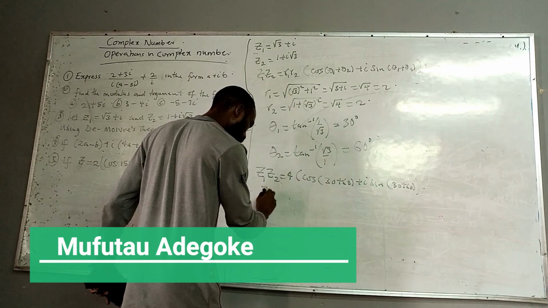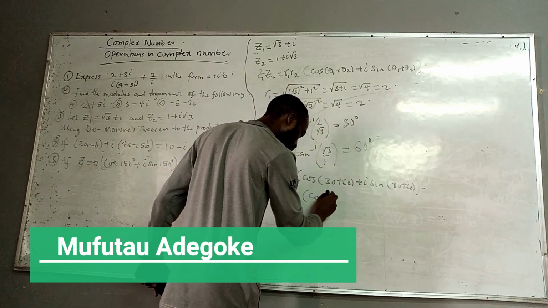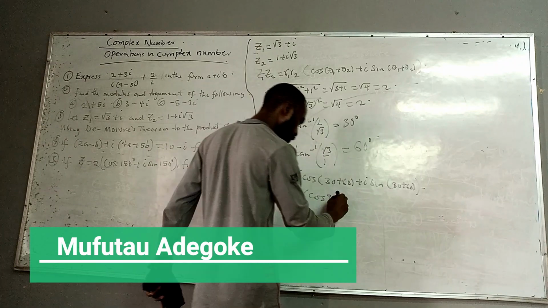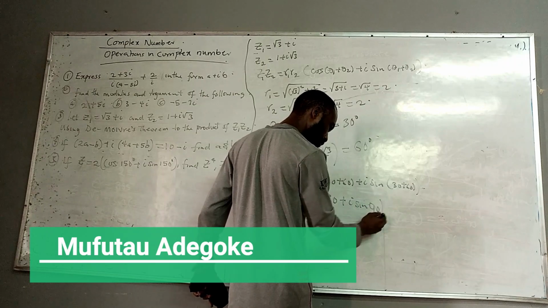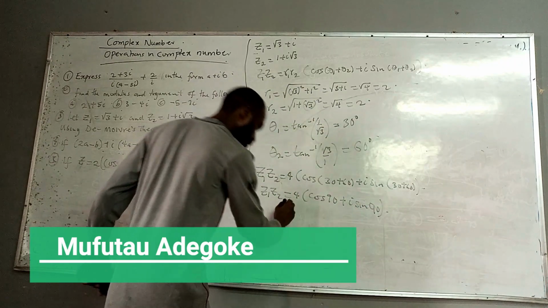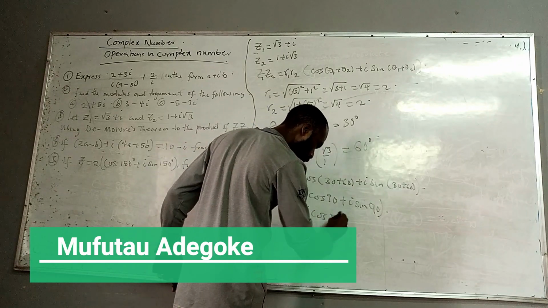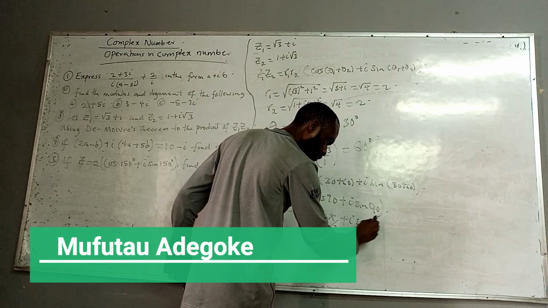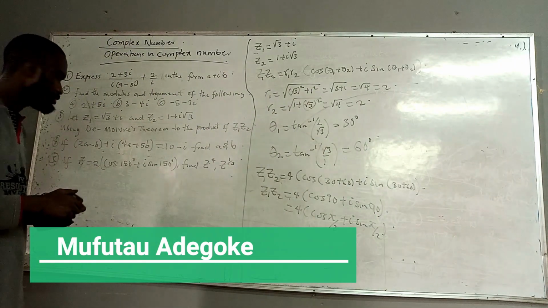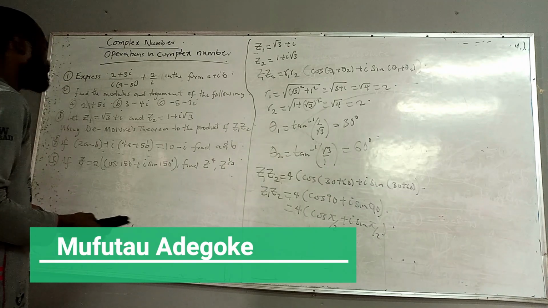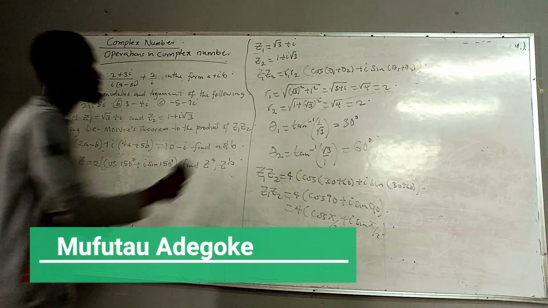Then we have z1 z2 equals 4 into cos 90 plus i sine 90. That is my answer. Or you can write it as 4 into cos of 5 over 2 plus i sine of 5 over 2. That is what you are expected to do. It is very easy. That is question 3. Question 4 and 5 before we go.